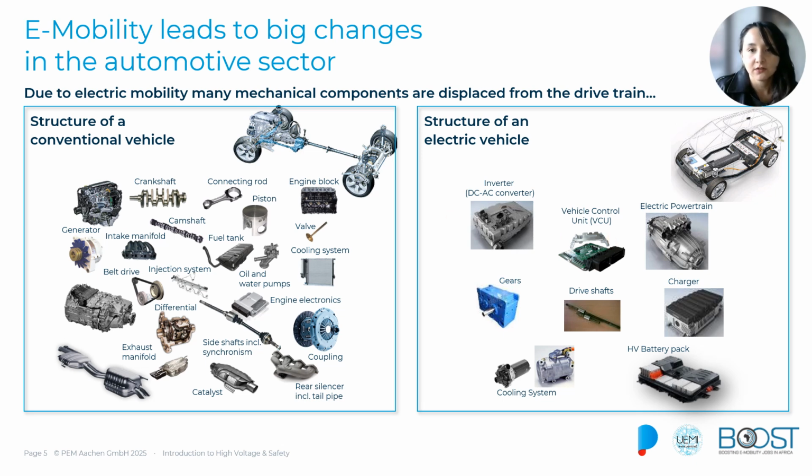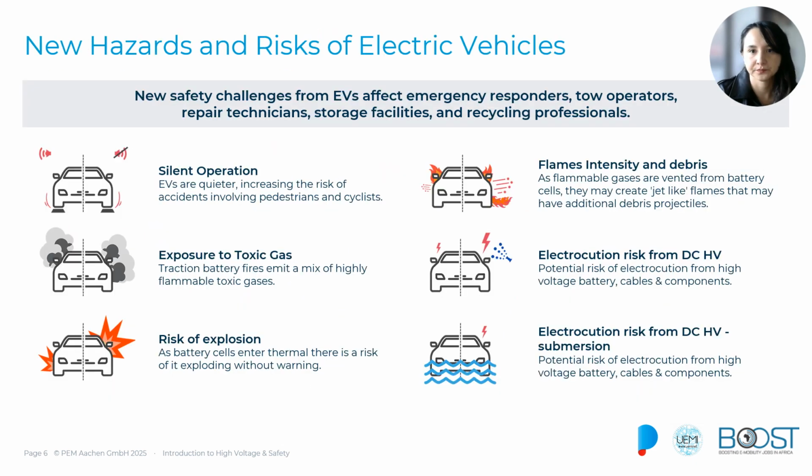This transition also brings in the high voltage system that supplies the powertrain and also powers any auxiliary components, like the cooling system, the electric heating, and the air conditioning. While these systems are highly efficient, they have new challenges related to electrical safety, insulation, and electromagnetic interference, for instance, that will be the core of this course.